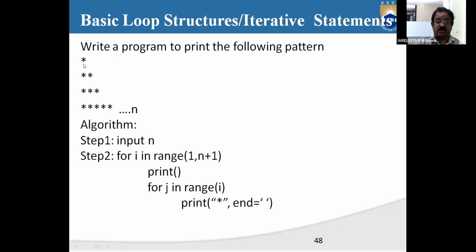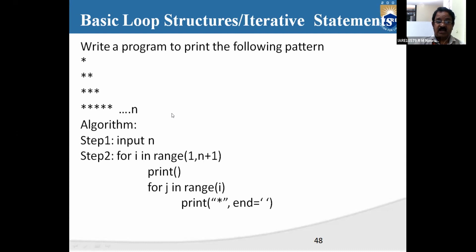First you have written 1 star, asterisk, 2 asterisks, 3 asterisks, 4 asterisks, and so on and so forth, up to n asterisks you are going to use. So for this program, you will be using nested for statements, for within another for. You are going to take the input n, because you have to print this particular pattern up to whatever number you have given.